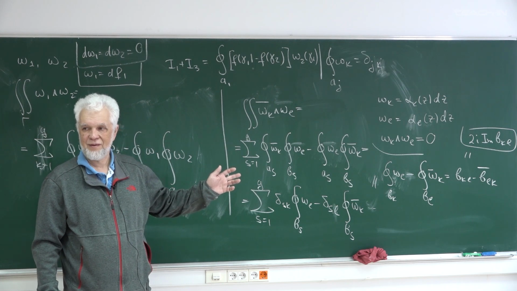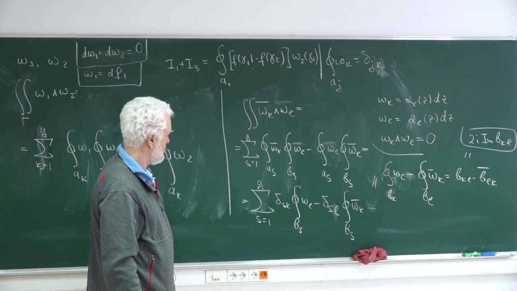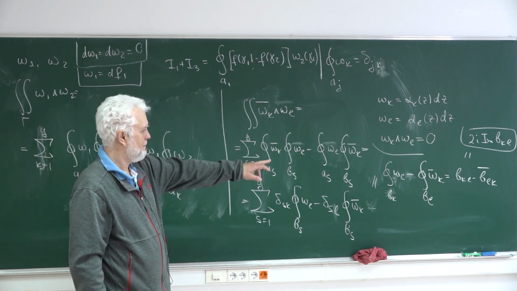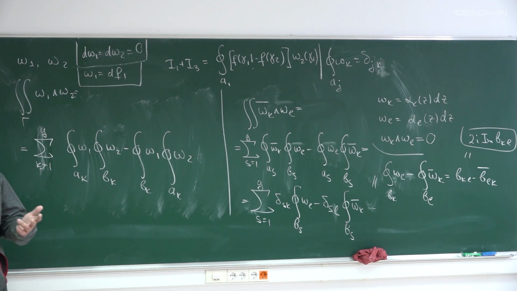Is it clear? We simply apply it to this pair of forms. But what does it mean? It means that the imaginary part of the Riemann matrix defines a Hermitian scalar product, so it's positive definite. So we proved two properties.